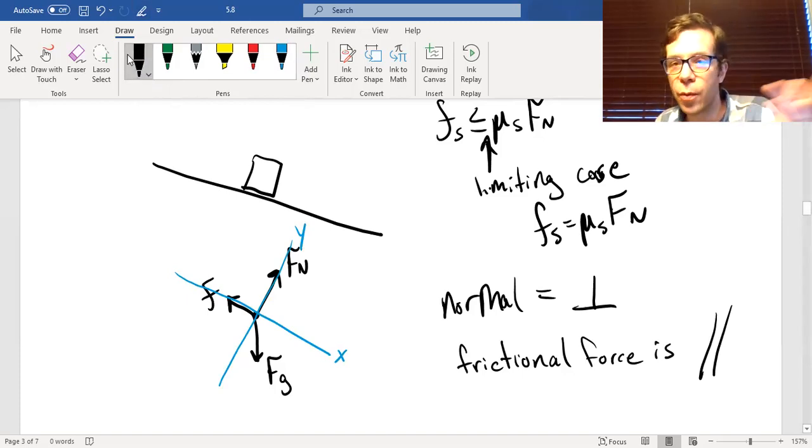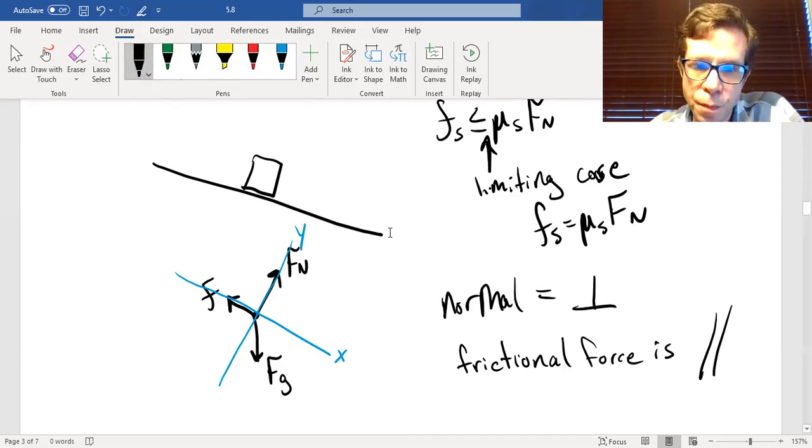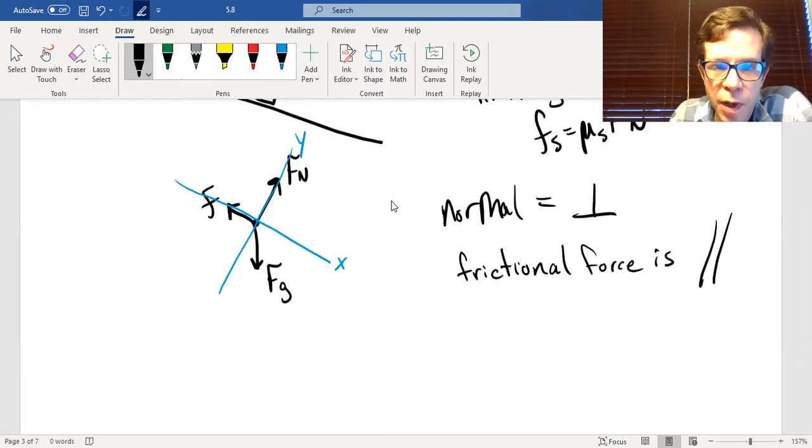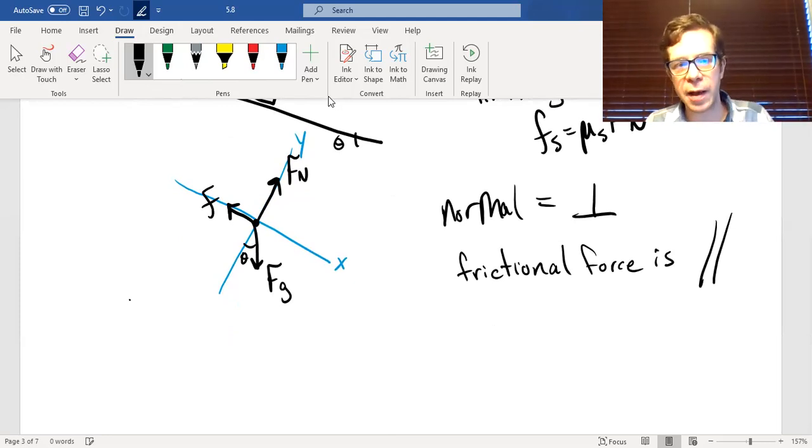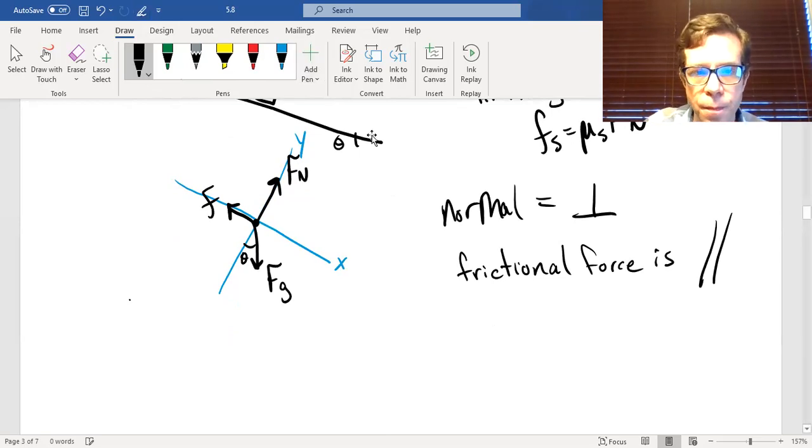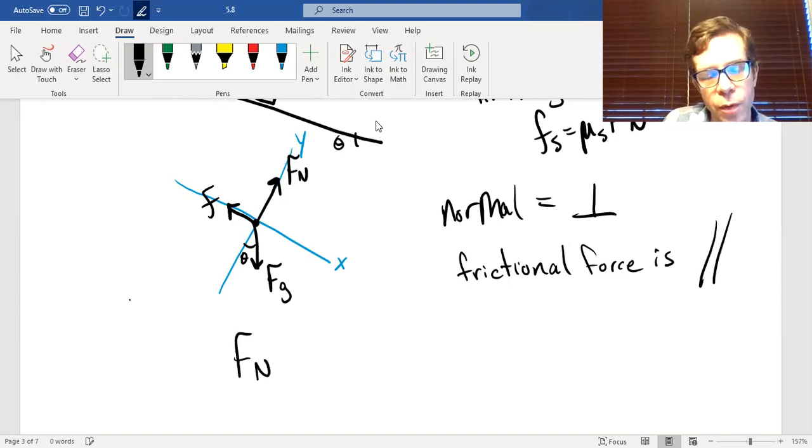So I'm going to use my tilted coordinate axis here. We've been through this several times. My angle theta for the ramp is the same as my angle between the vertical gravity and my tilted y-axis. So if I look at my equations of motion in the y direction, I have a normal force and the y component of gravity.